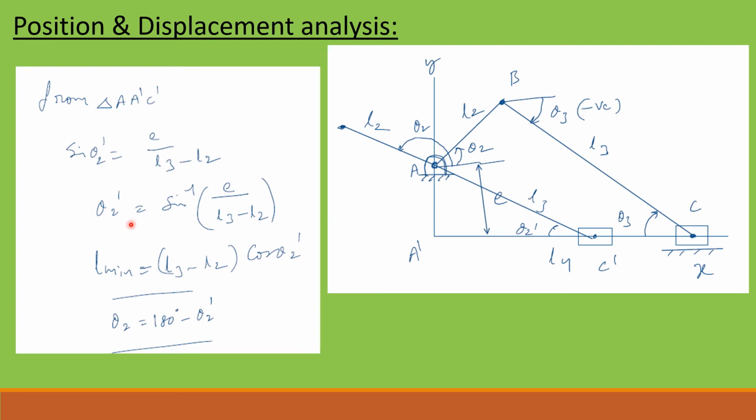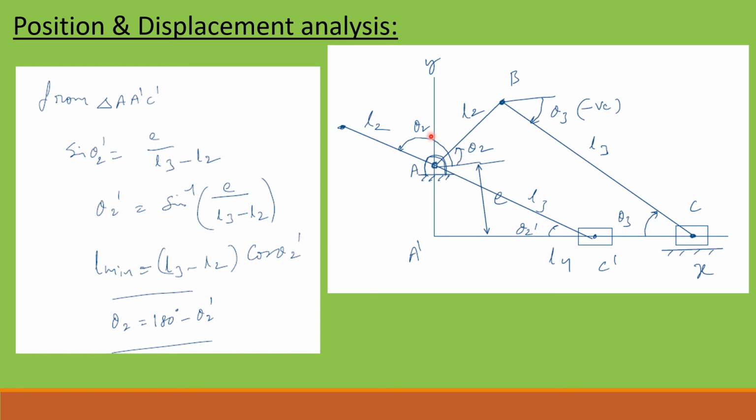So from this theta 2 prime equal to sin inverse of e by (L3 minus L2). And L4 minimum can be found again from this triangle: cos theta 2 prime equal to L4 minimum divided by (L3 minus L2). So L4 minimum is equal to (L3 minus L2) cos theta 2 prime.